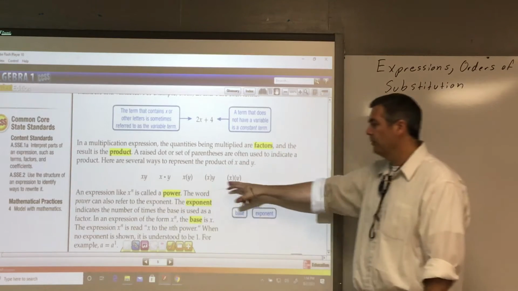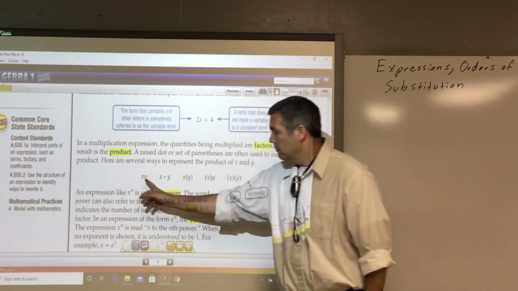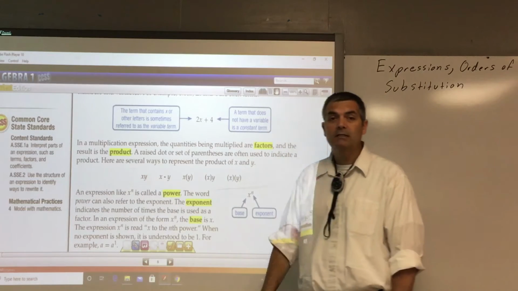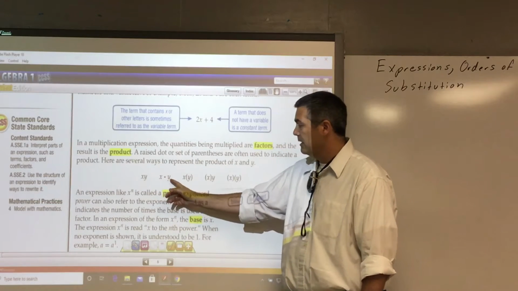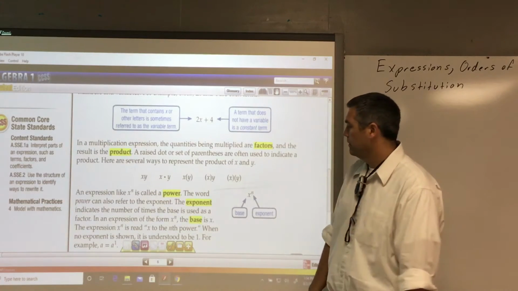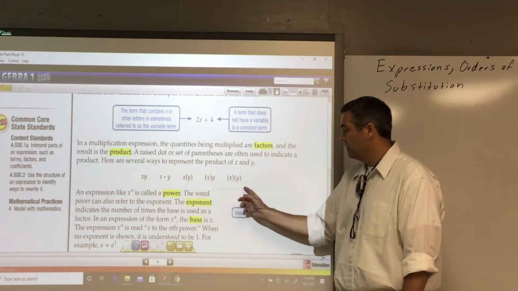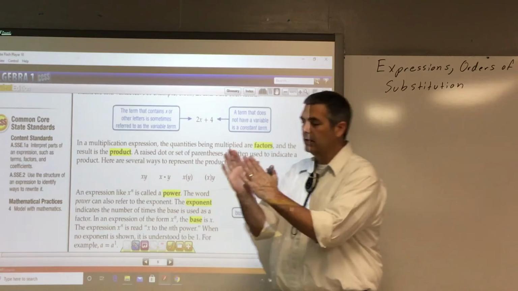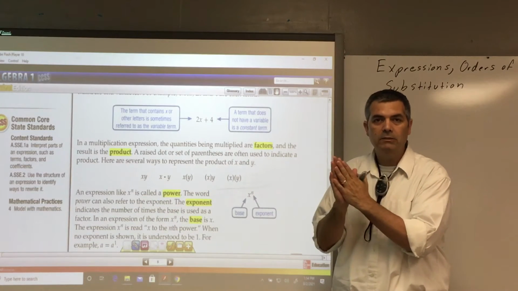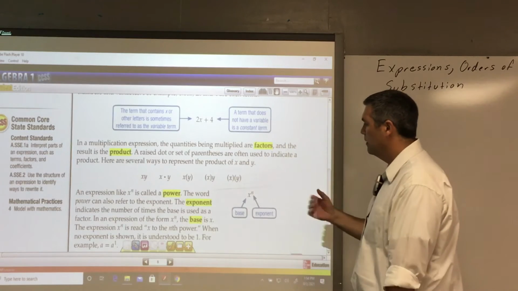Here we show you all the different ways you're going to see multiplication. A variable directly up against another variable is multiplication. A variable with a dot and the y is multiplication. Parentheses are multiplication. You could also have 2 directly up against x; that's 2 times x.